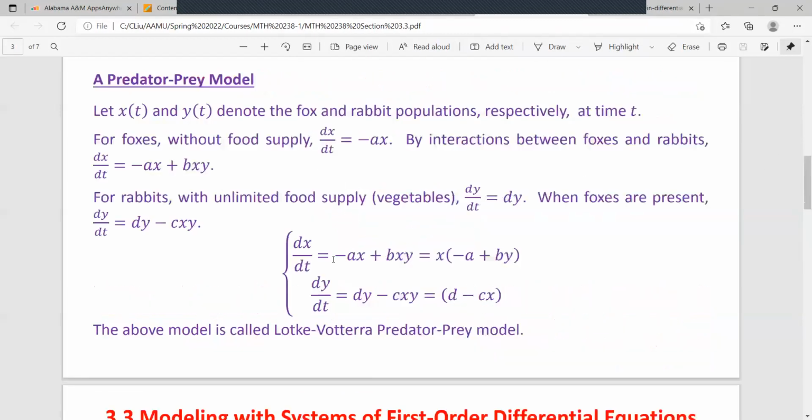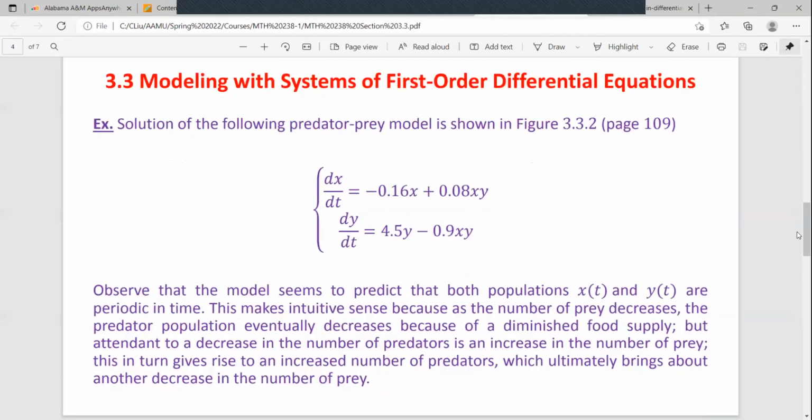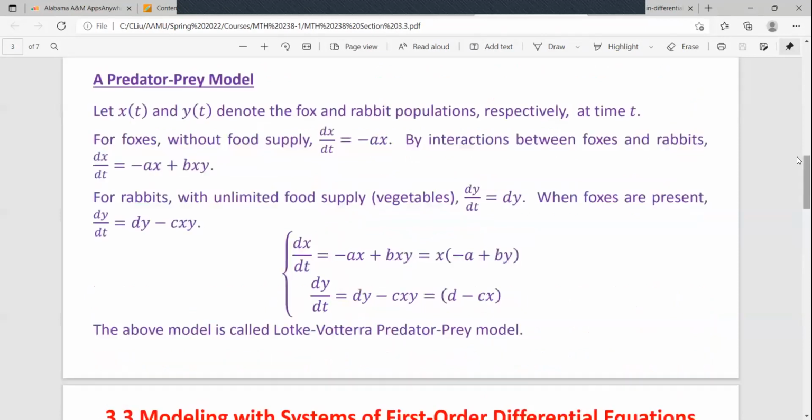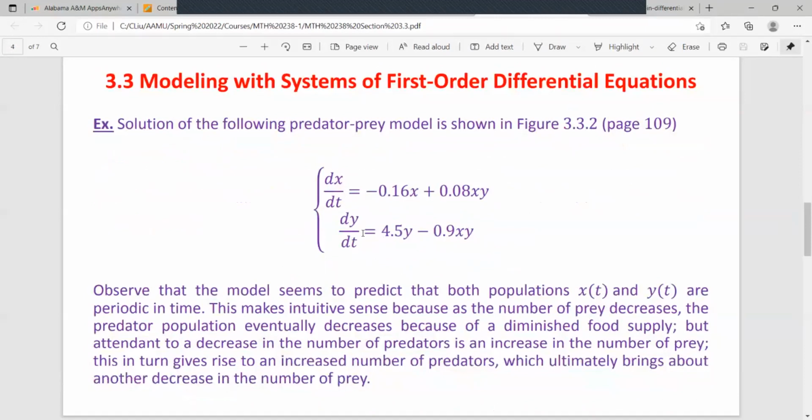Okay, so you can see that's a specific example of this predator-prey model. So a, b, c, and d are given in this example.